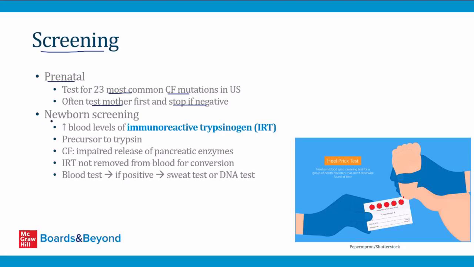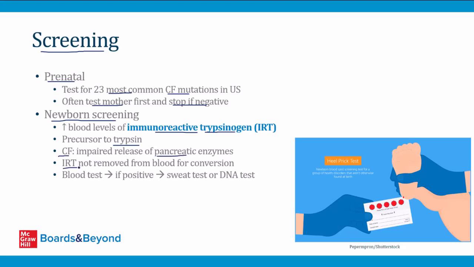And then if you want to screen a newborn, either because both parents are carriers or because the parents weren't screened, then you can screen the newborn by measuring blood levels of IRT, which is immunoreactive trypsinogen. It's a precursor in the pancreas to the pancreatic enzyme trypsin. And as we've already discussed, in children with cystic fibrosis, there's impaired release of pancreatic enzymes.